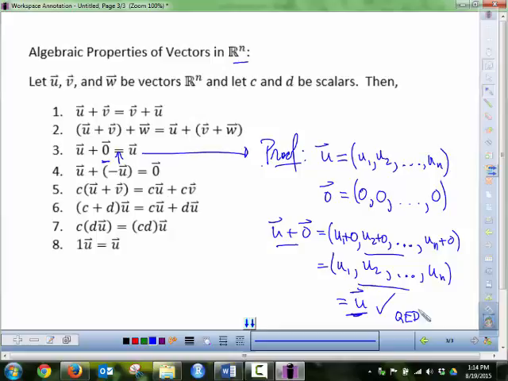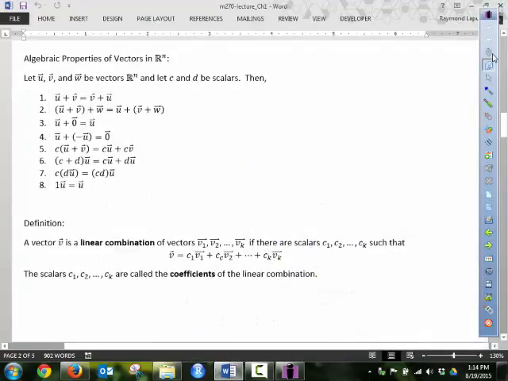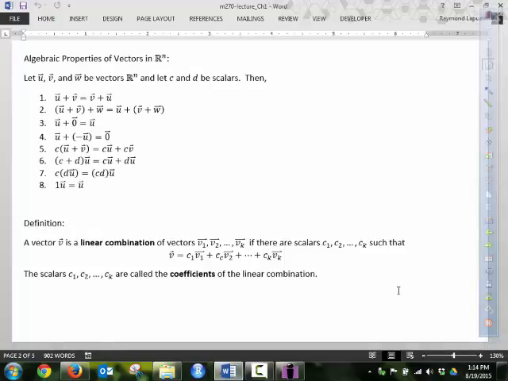I may ask you something like this on the exam, just for fun. And in terms of adding and scalar multiplying, subtracting is like adding a scalar multiple of a negative of another vector. So it's kind of like the same thing.